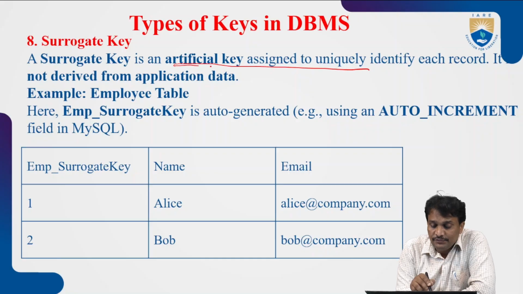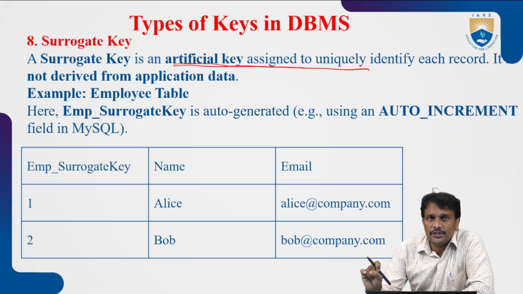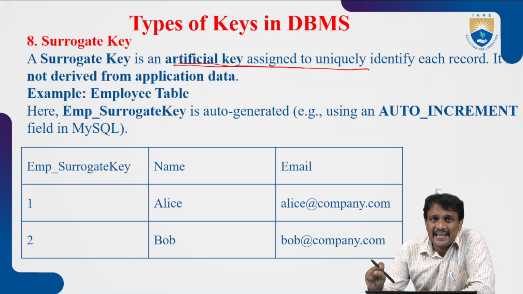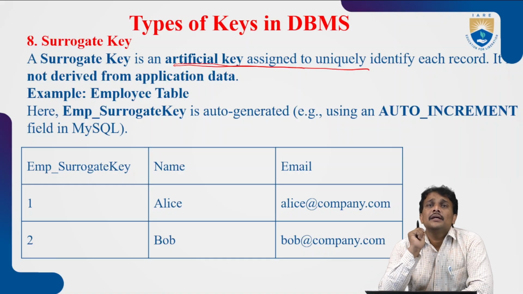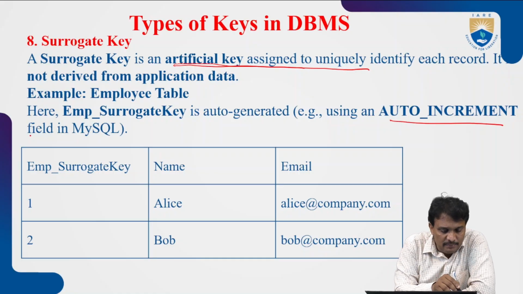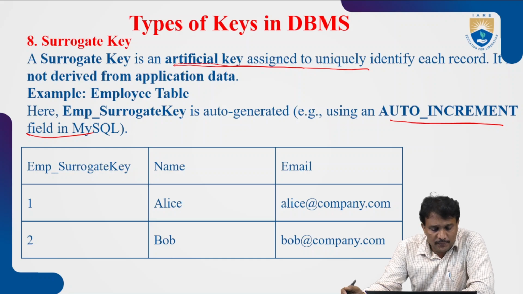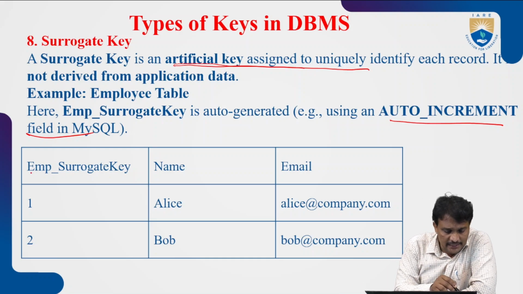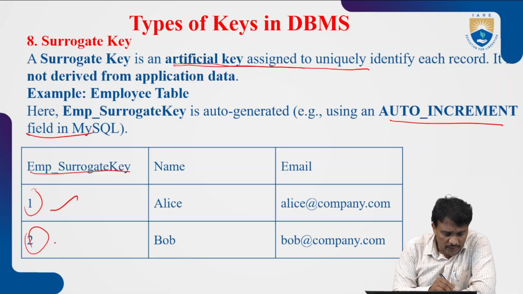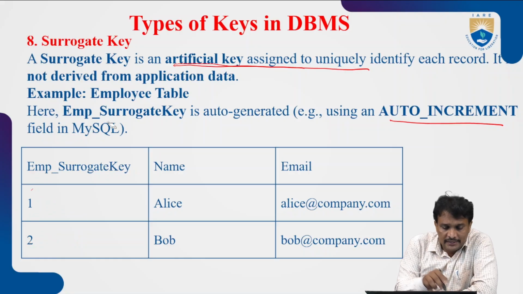In the example, the employee surrogate key is auto generated using auto increment in MySQL. The employee table has employee surrogate key and name, and the surrogate key is automatically generated using auto increment. So this is about the surrogate key.